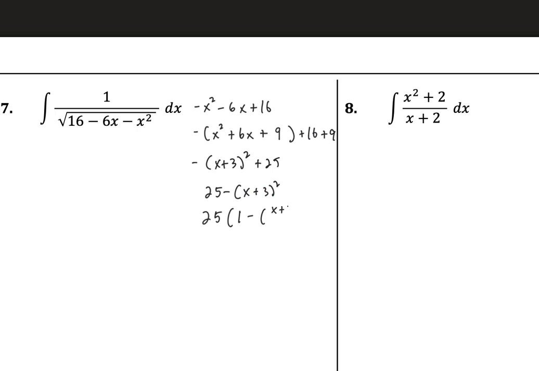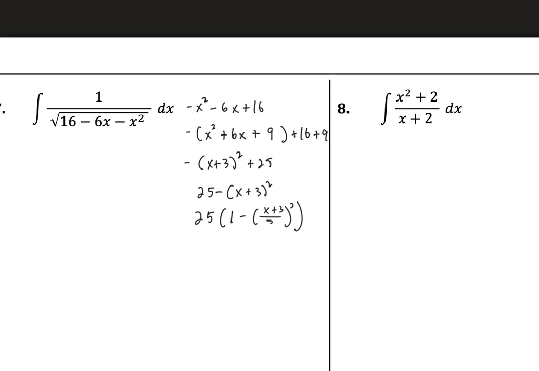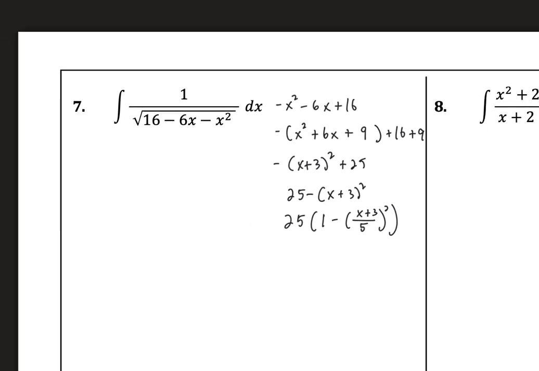This will really be x plus 3 over 5 squared, like that. Okay, so hopefully that makes sense. So this whole thing is going underneath the square root. So I'm even going to pull out the 25 from the square root, and it'll come out as a 5 in the bottom, which will really be a 1/5 from the whole thing.